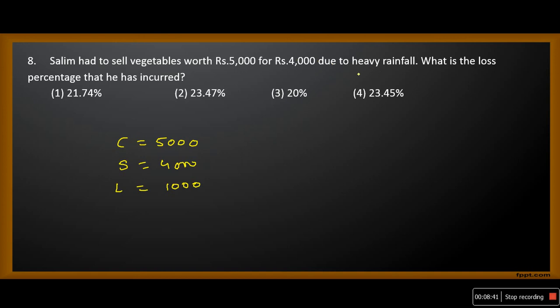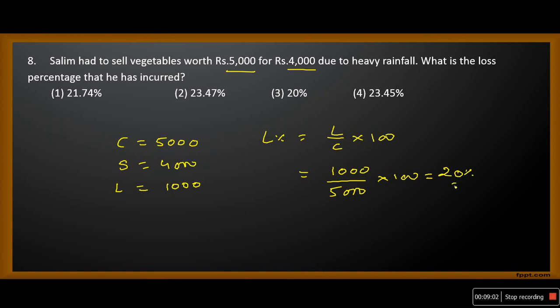That is not required for us. Simple. Here cost price is 5,000, selling price is 4,000. What is the loss percentage? Loss percentage equals loss by cost price into 100. The loss is 1,000. Cost price is 5,000, into 100, that equals 20%.